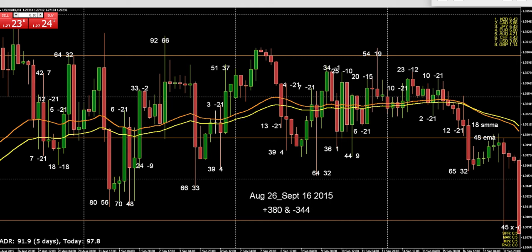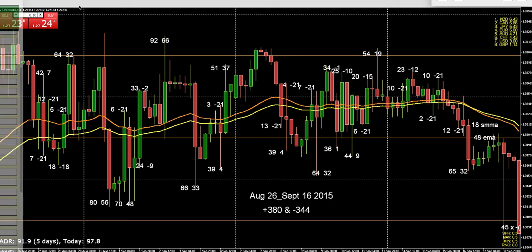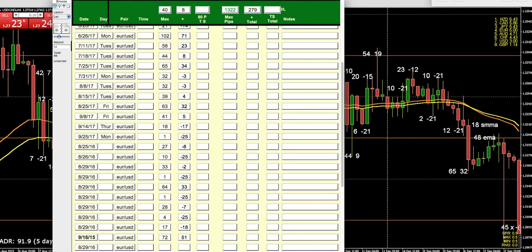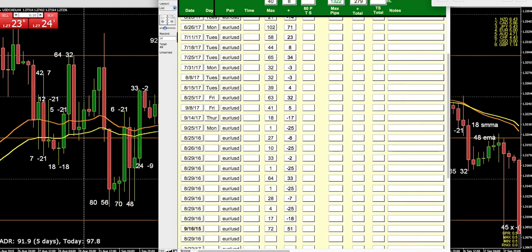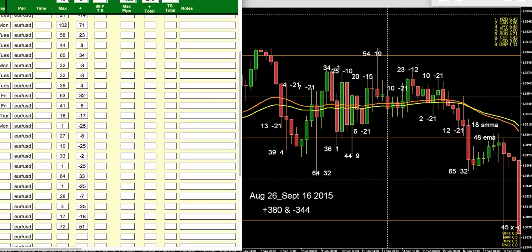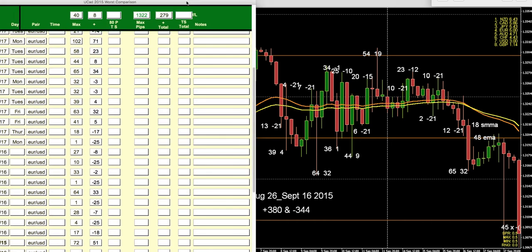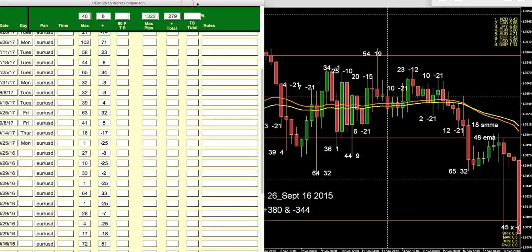Anyways, I then applied the adaptive Laguerre filter to the same times and exactly the same trading zones, and what I came up with was slightly different. Well, considerably different. Let me pull this over.